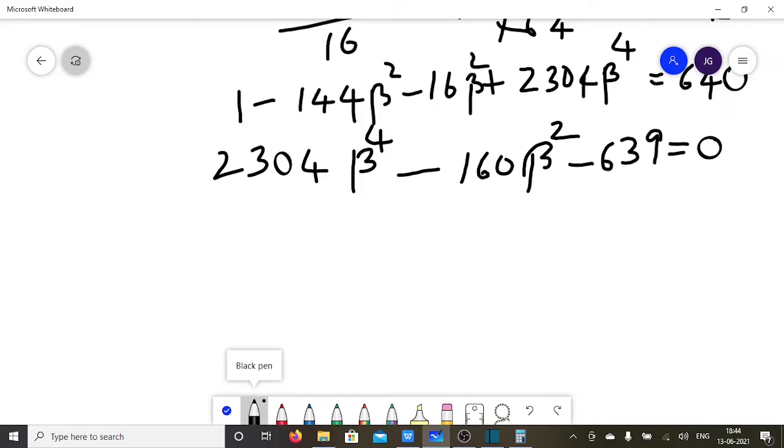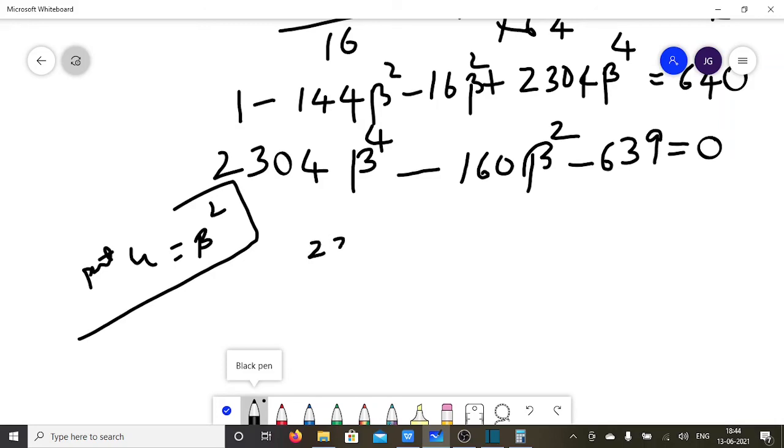So we have to solve this for beta. Let's put u is equal to beta square. To solve this we can put u is equal to beta square. So 2304 u square minus 160 u minus 639 is equal to 0.